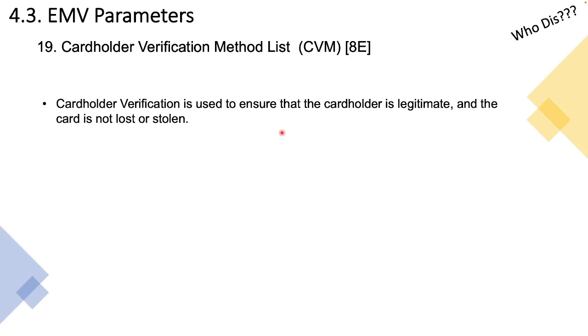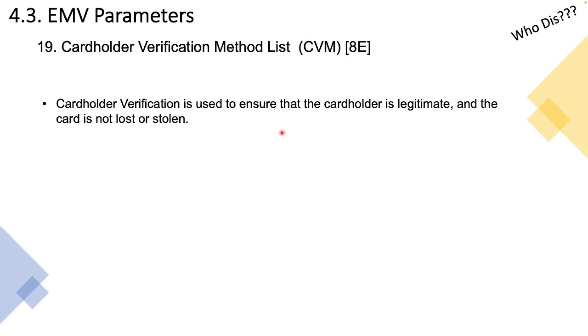Bob's already swiped, the transaction has been approved, and the cardholder verification would be simply that the cashier would ask Bob to sign the slip, the receipt, and then look at the receipt and look at the back of the card, and if the two signatures match, then we verify that the cardholder is genuine.